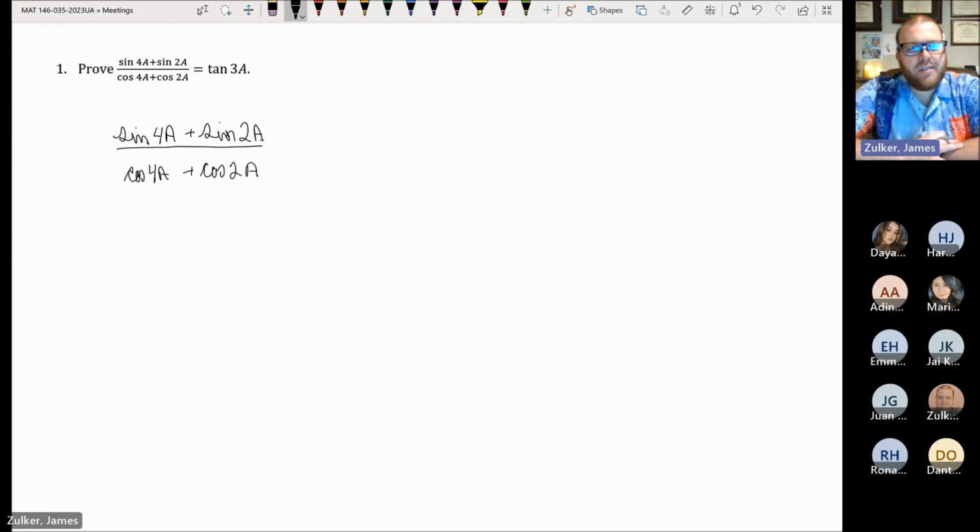So what I want to do is show that this is going to be tangent of 3a. We're going to use the sum to product identities, the one for sine and the one for cosine.